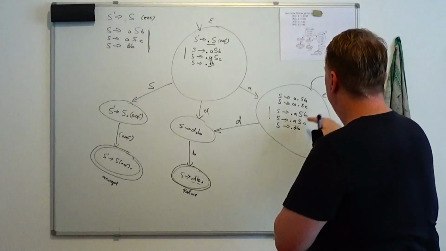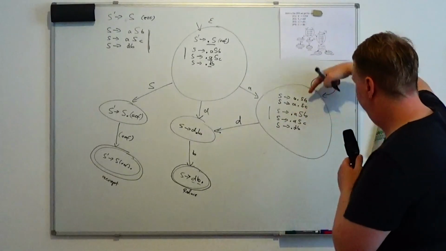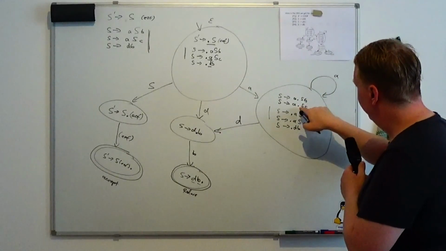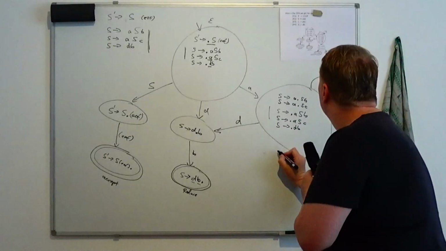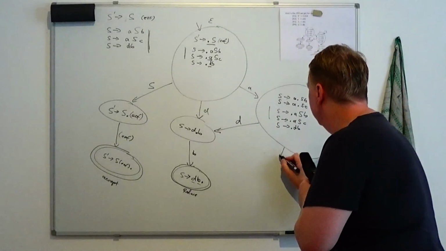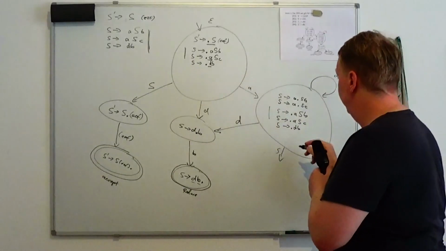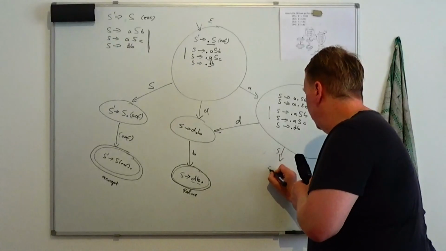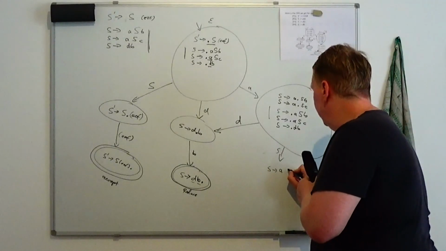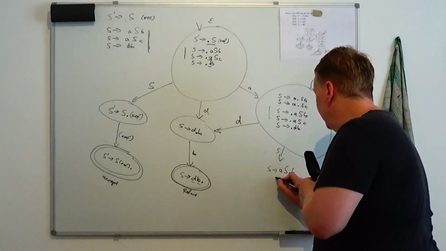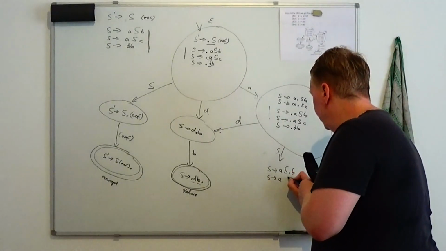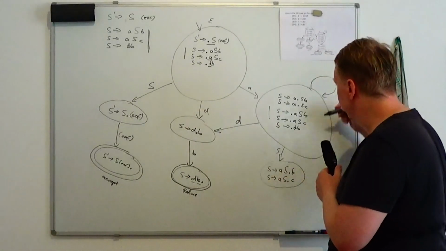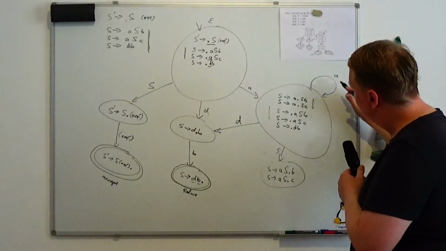Okay. And what happens over here? We have two rules here which have point non-terminal. So we need to create another state for an S transition, where S goes to A S point B or A S point C. Okay, again, that's these two production rules.